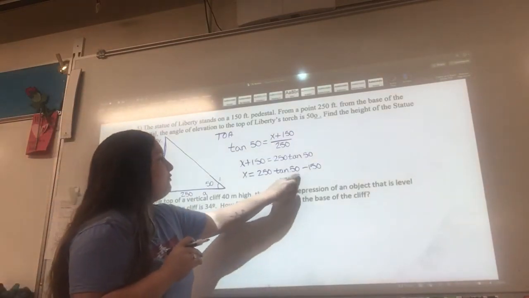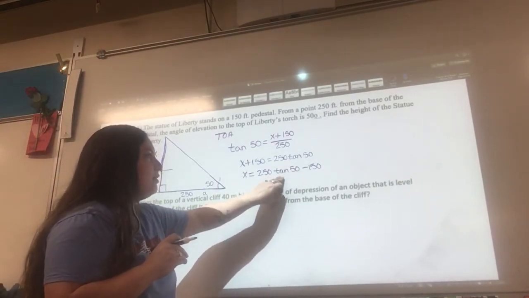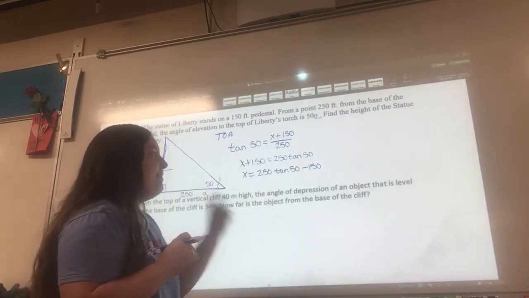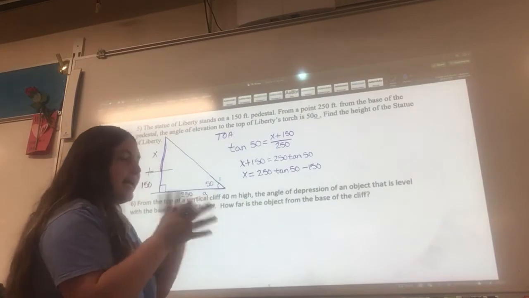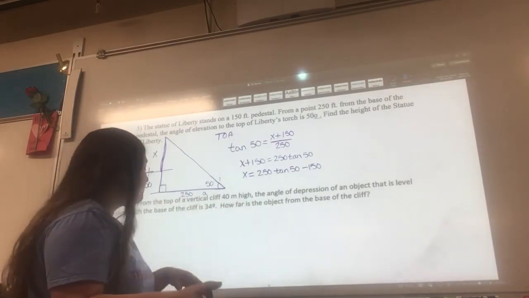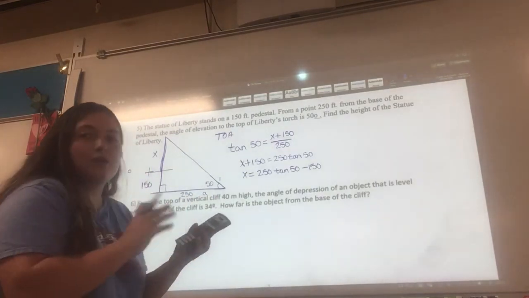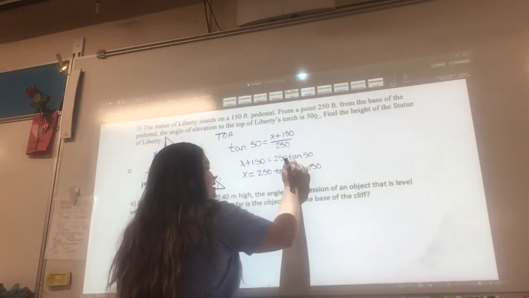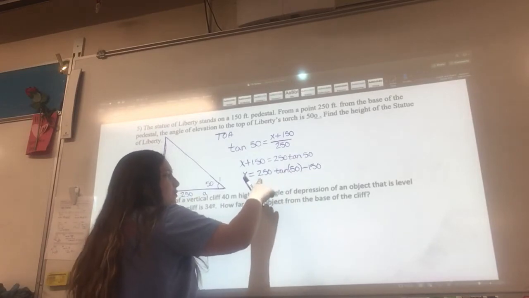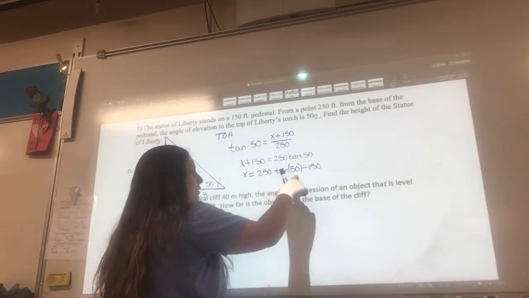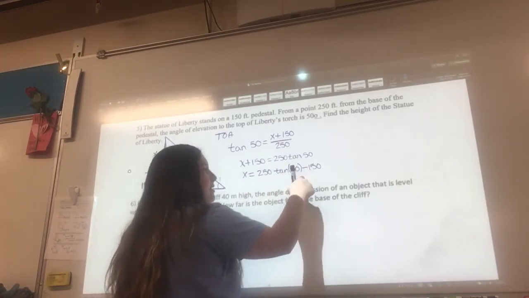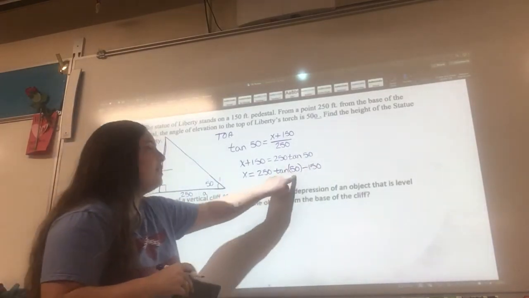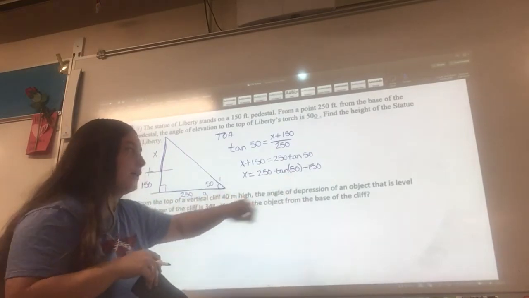You would have to do 50 tangent times 250. You're going to have to press enter and then subtract 150. You can't do it all in a row. On your calculator, if you do it straight in a row, you're going to put an end parenthesis around your 50. So it's going to be 250 times tangent of 50 in parentheses minus 150. That minus 150 does not go with that 50.